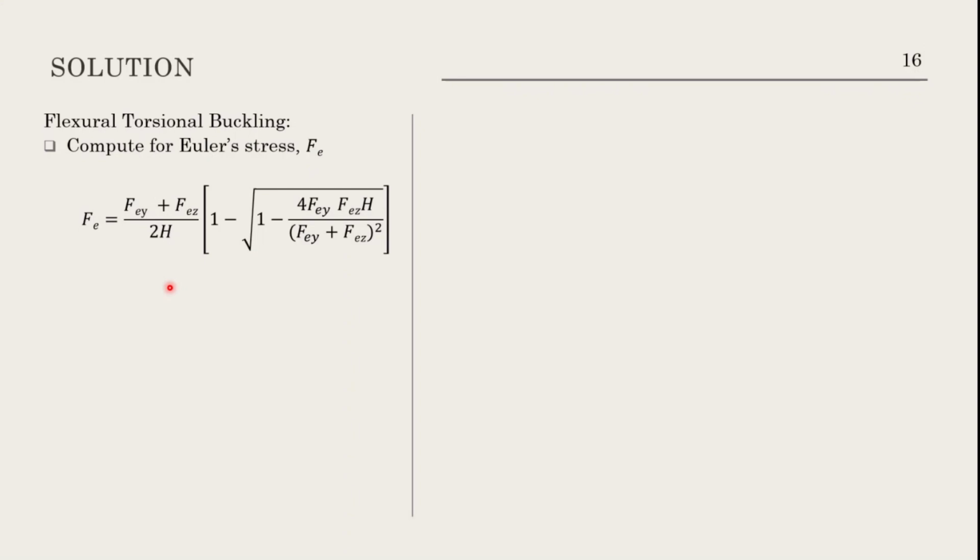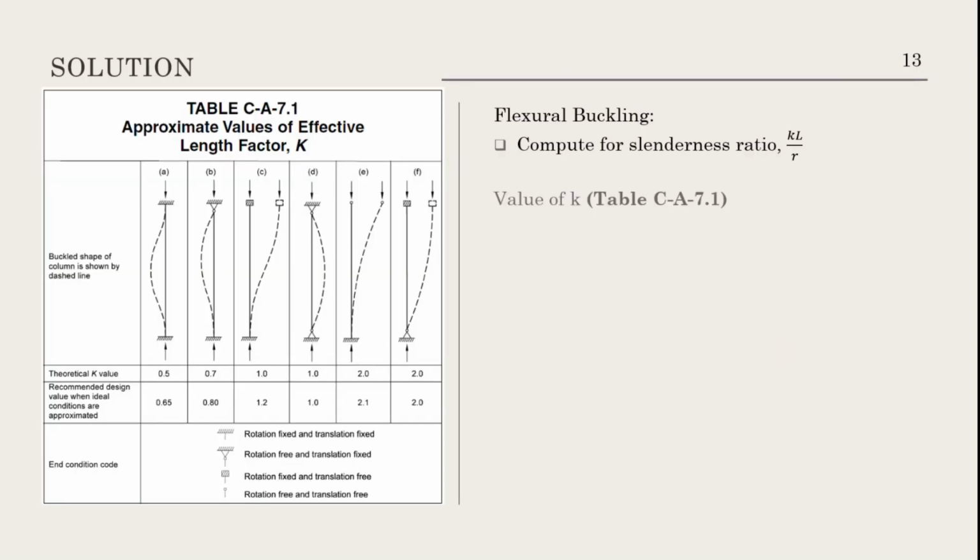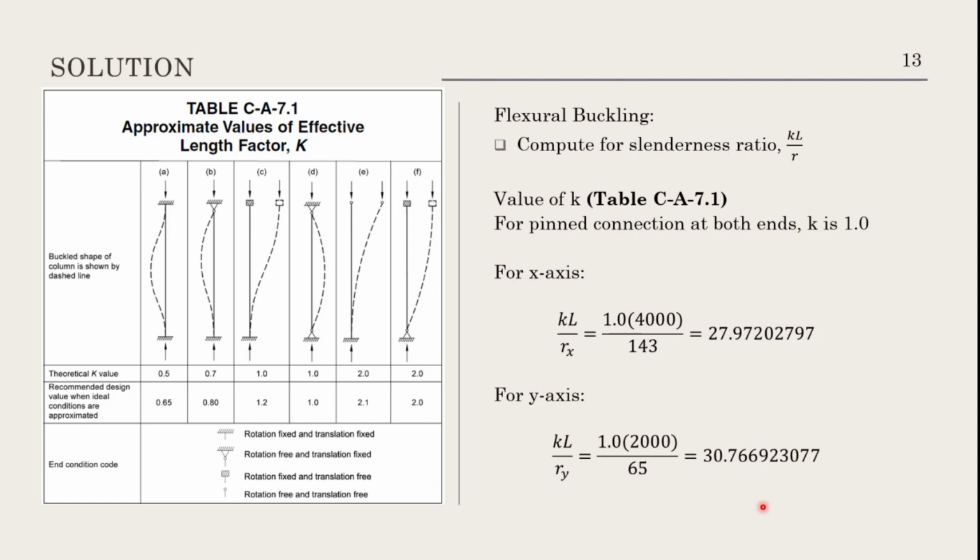So let us compute the Fey, that is the buckling stress with respect to the y-axis. So pi squared E divided by the KL over R with respect to y. We have computed this before, if you can remember. The slenderness ratio for y is this one. We have computed this to be 30.766.